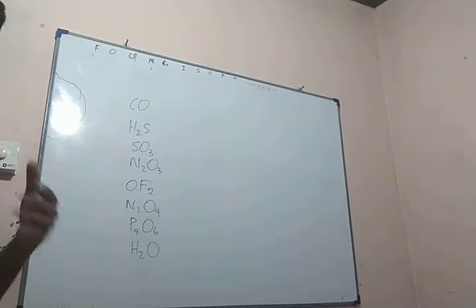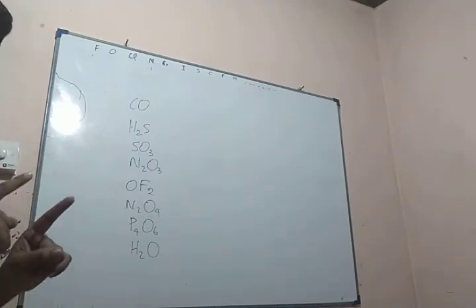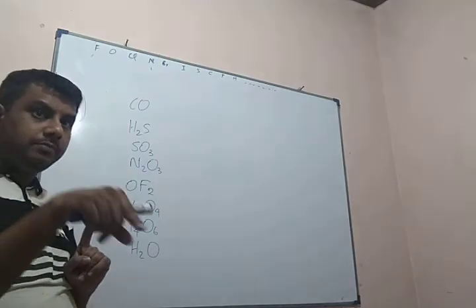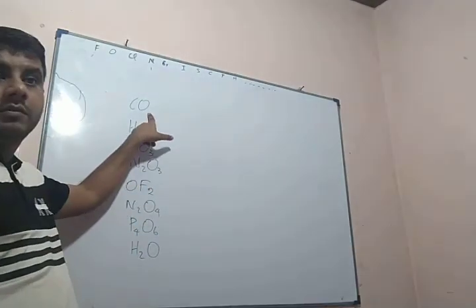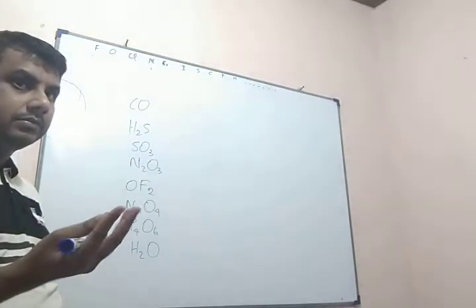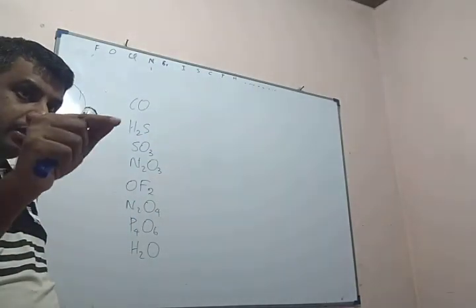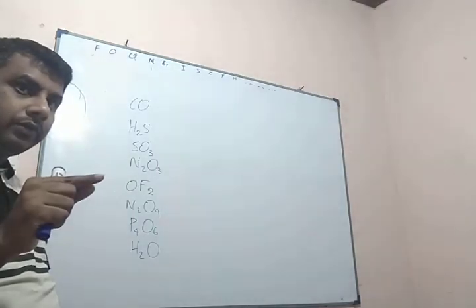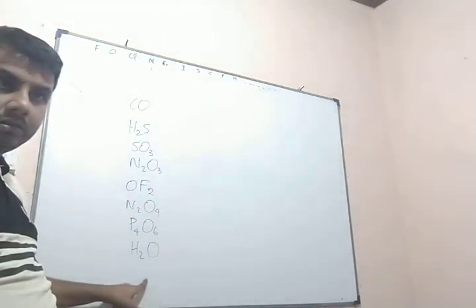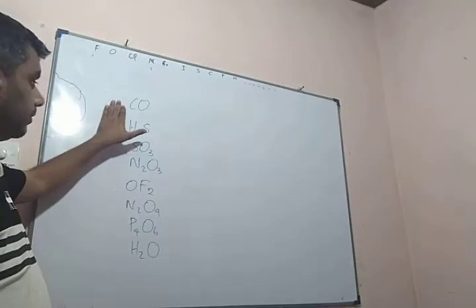And what's the additional thing? You should mention the number. Another important thing: if the number is only one, a single atom, that should also be mentioned only for the second element, not for the first element. What's the name of this?